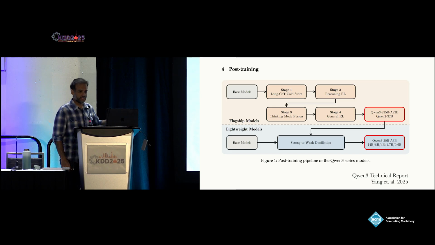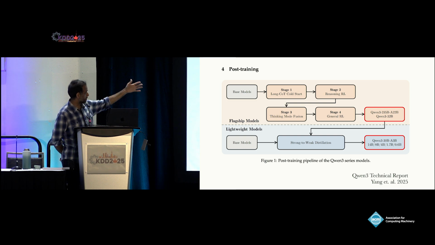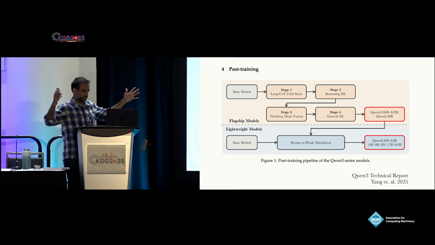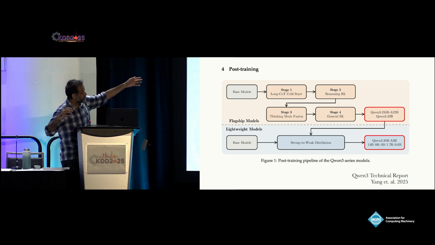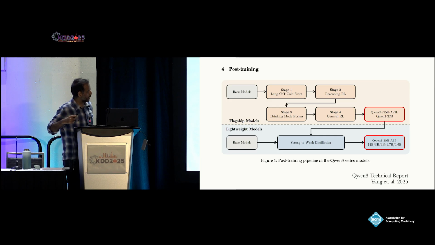You will see lots of talks about recipes. So we talked about the general recipe for how these models are created with those 4 boxes. This is the recipe for creating the Qwen 3 model, and it follows similar steps. So you have your base model, and then you train on the long chain of thought, cold start, and then you do the reasoning. And then they add these additional steps. So you end up creating a massive model, the 235 billion parameter model.